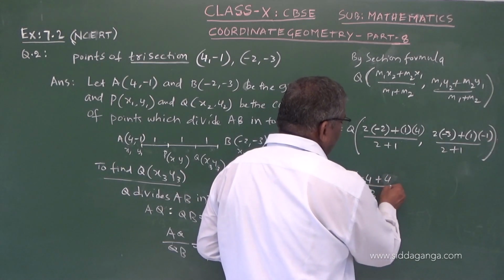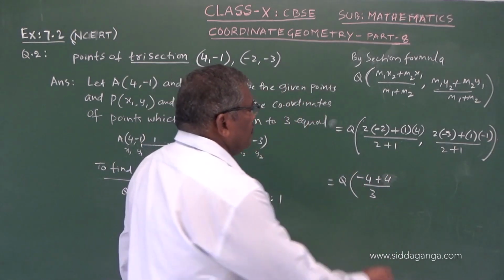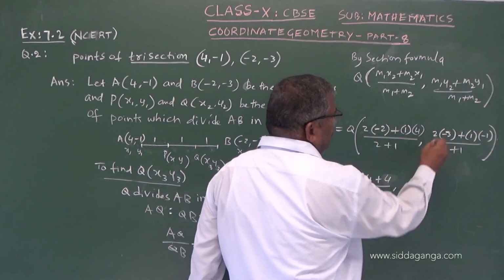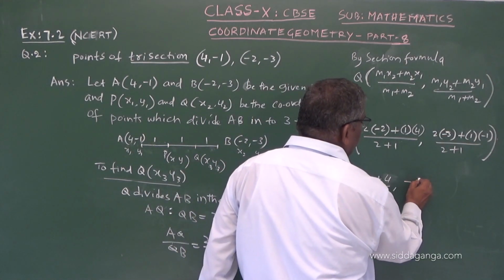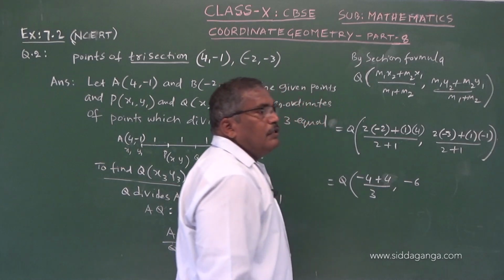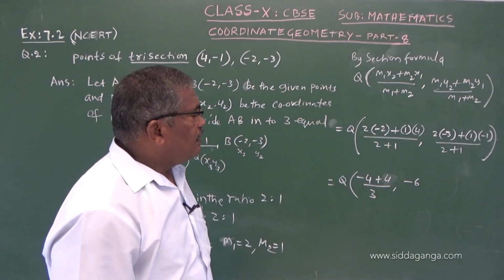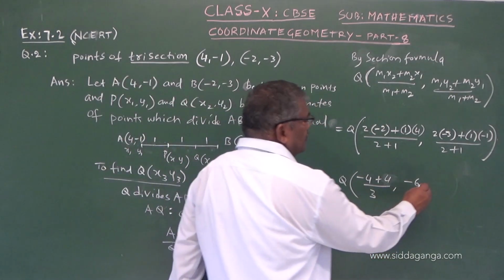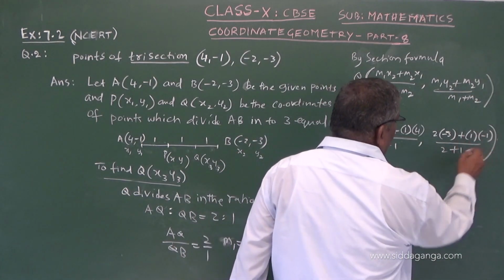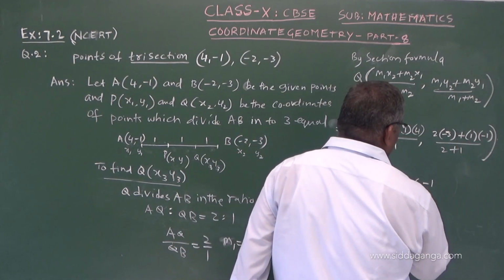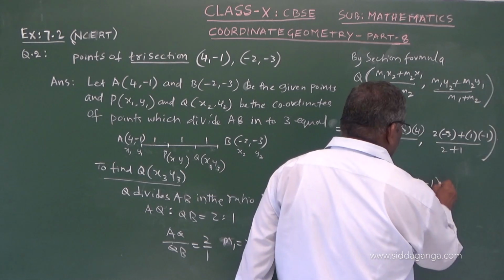Now this is the x coordinate. For the y coordinate, 2 into minus 3 is minus 6, plus 1 into minus 1, divided by 3.